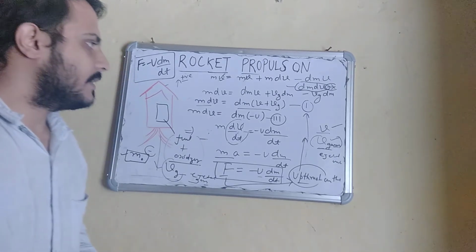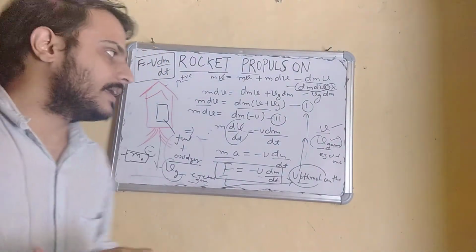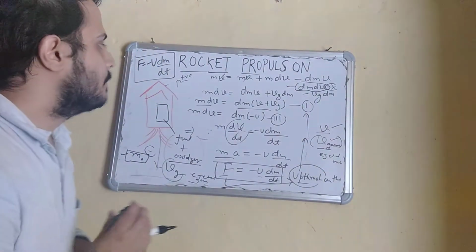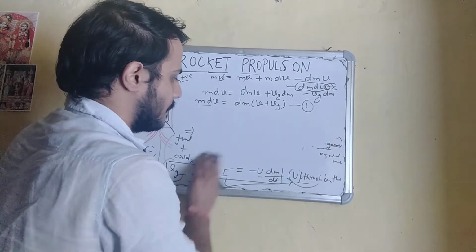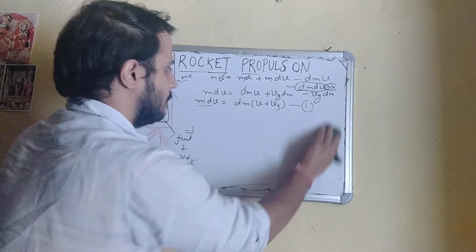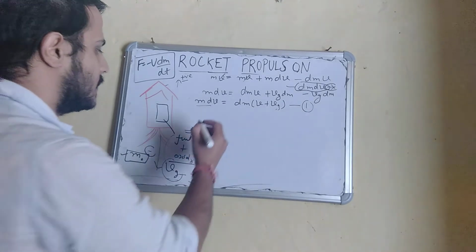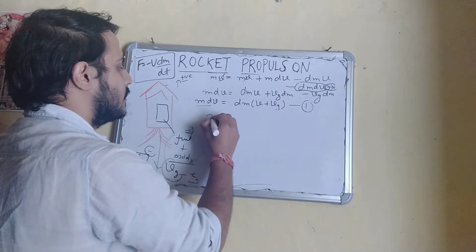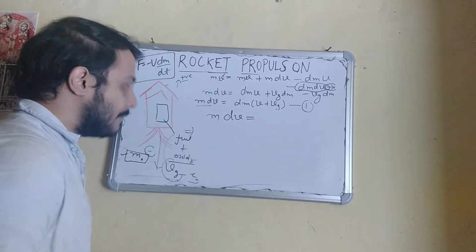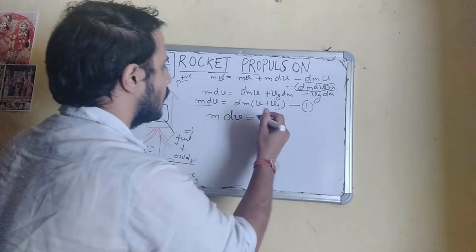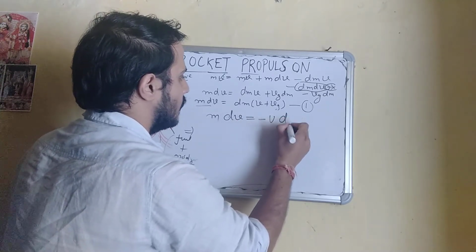Now I can also derive expression for the velocity. What is the velocity at any instant? I can derive the expression for that velocity. So हमारे पास एक expression यहाँ पर आया है. This is like m dv is equal to dm into v plus vg. और एक और expression हमने इसको थोड़ा और simplify जब किया था, तो वो था m dv is equal to minus u dm.